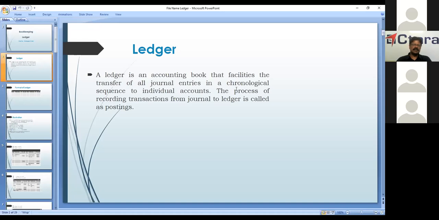A ledger is an accounting book that facilitates the transfer of all journal entries in a chronological sequence to individual accounts. The process of recording transactions from journal to ledger is called posting. We'll have an illustration for better understanding.